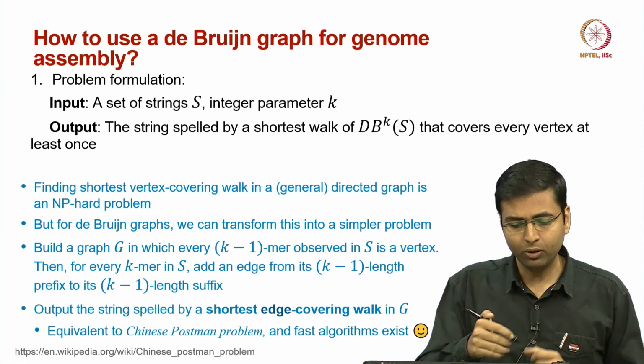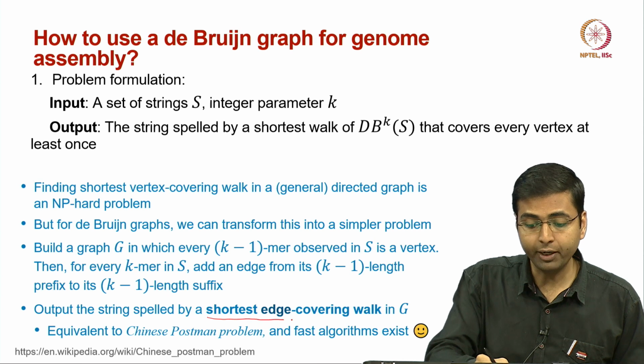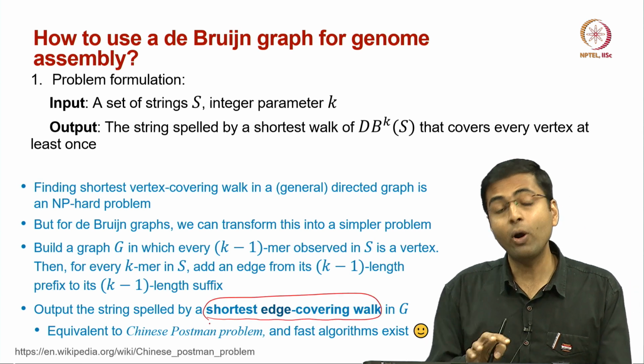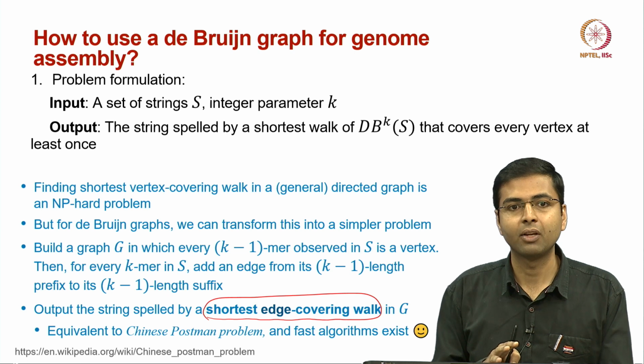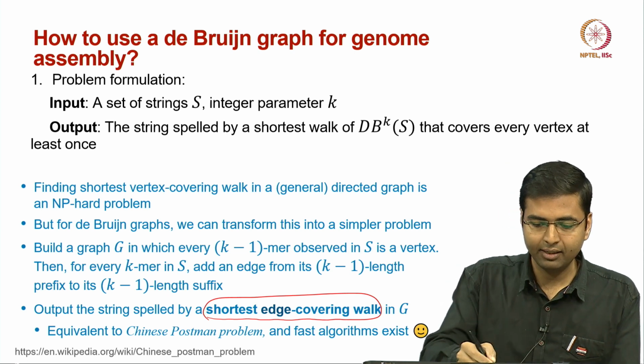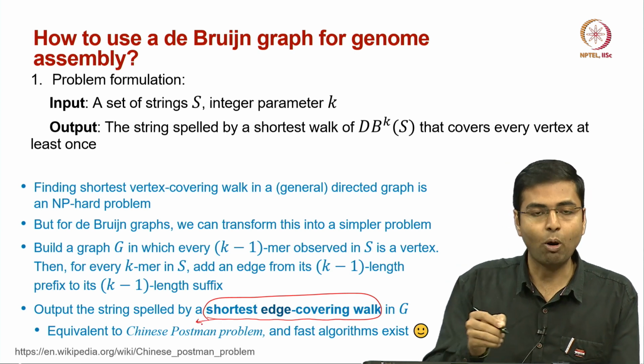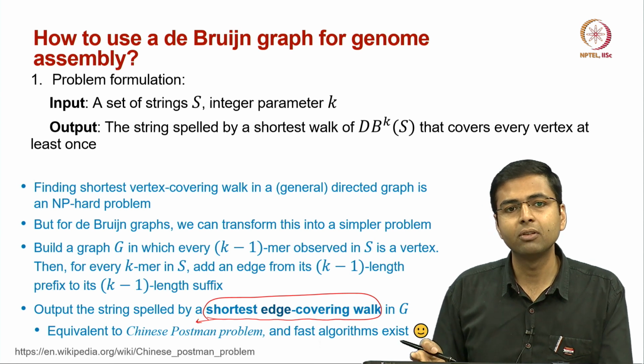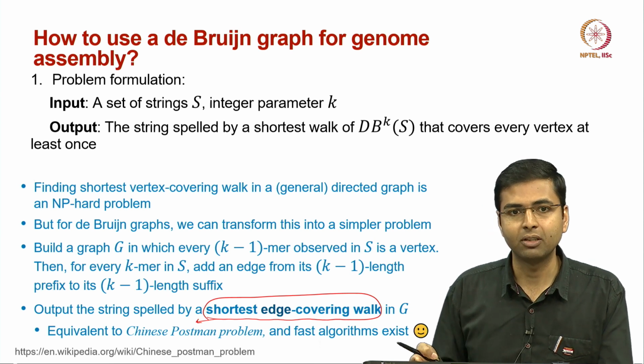And as it turns out, for finding a shortest edge covering walk in a directed graph, we know efficient algorithms that are fast. So this is equivalent to the Chinese postman problem, which is a standard problem in graph theory, and for this problem we know fast algorithms.